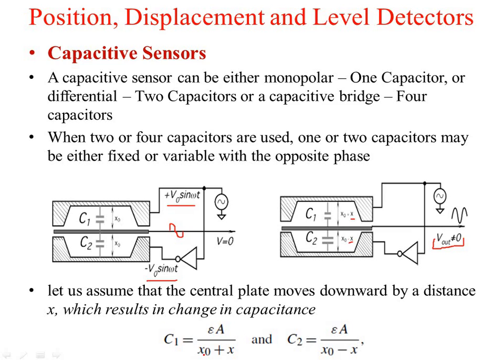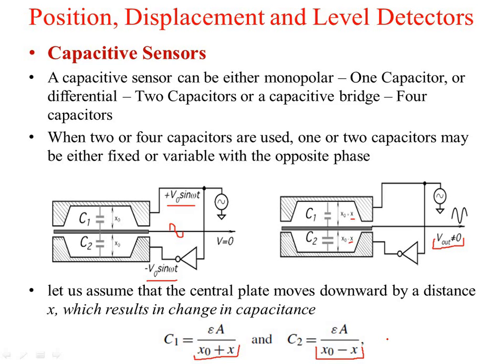What has changed? Distance has changed. So C1 will depend upon these parameters, x0 plus x.